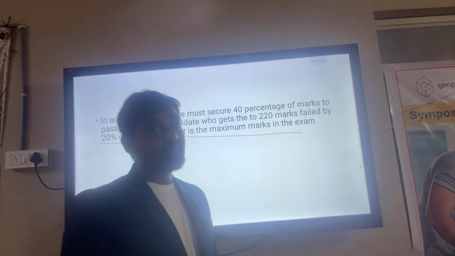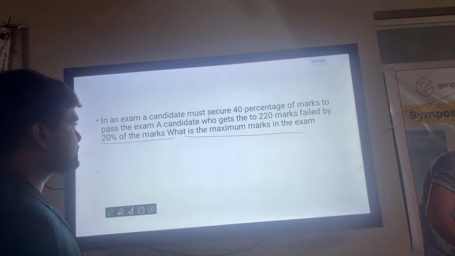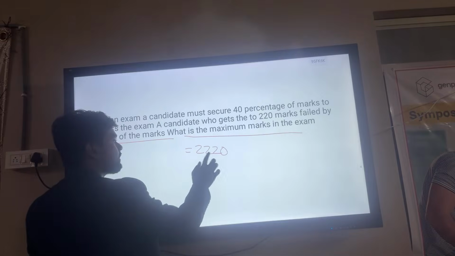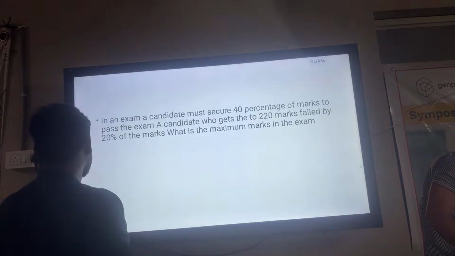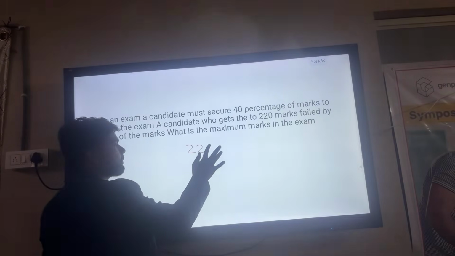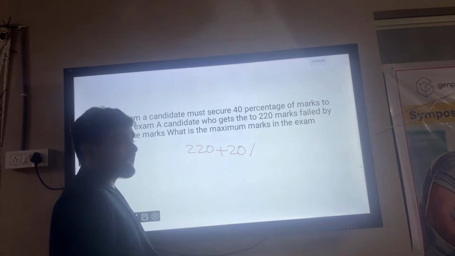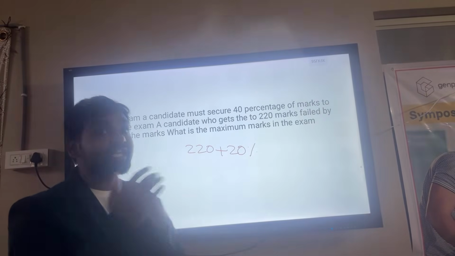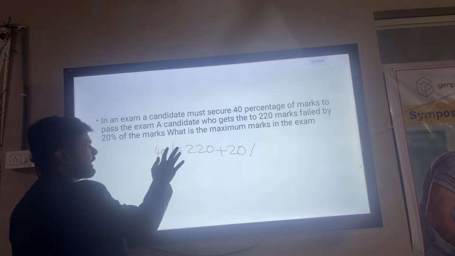A person got 220 marks, but he failed by 20%. Not only getting 220, he is supposed to get 20% extra. Then only he will pass. He will pass means what percentage he is to get? 40%.